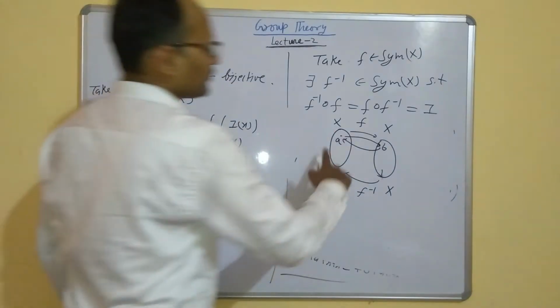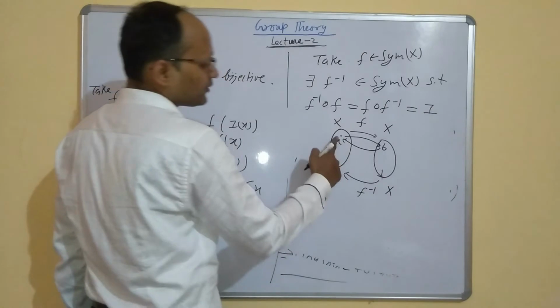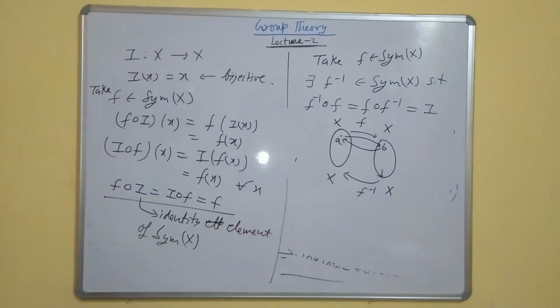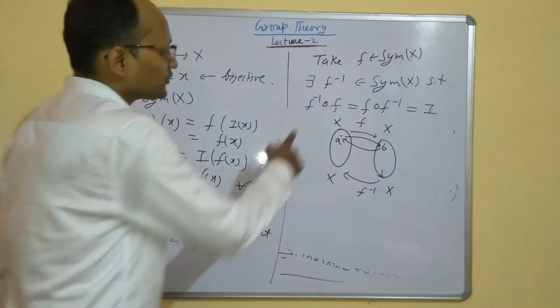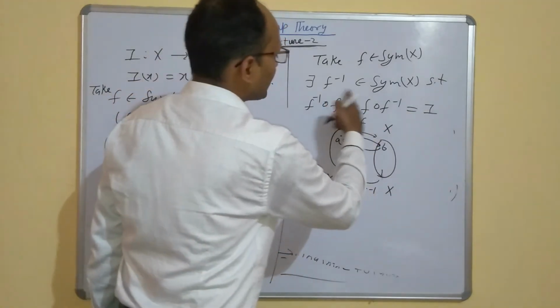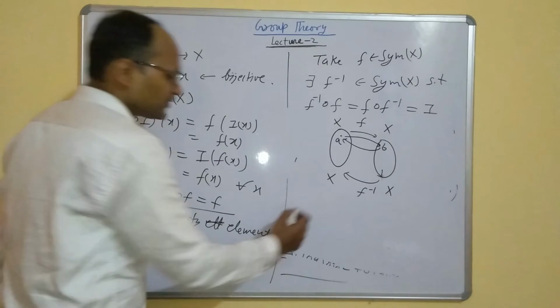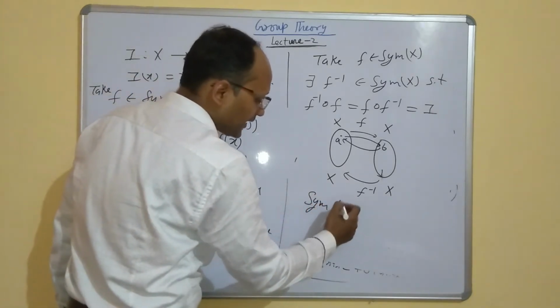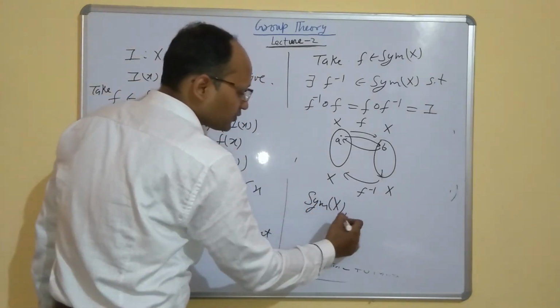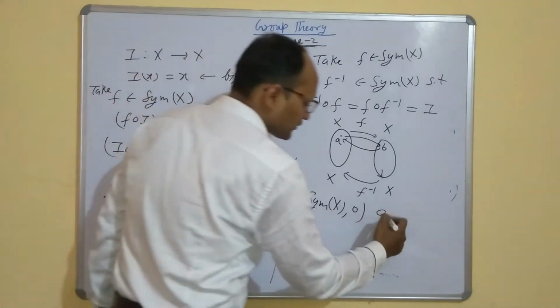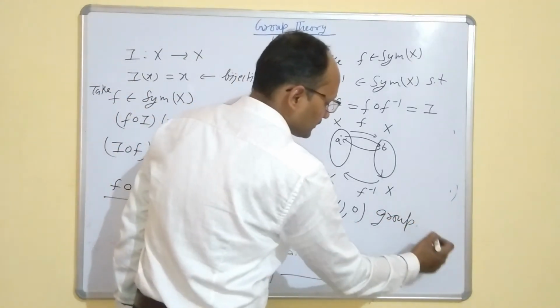So clearly, when you compose these two maps, a will go to b and b will go to a, so a will go to a. So identity map will come. So inverse always exists in case of bijective map. So inverse exists. So it means Symmetric x with respect to composition of maps forms a group.